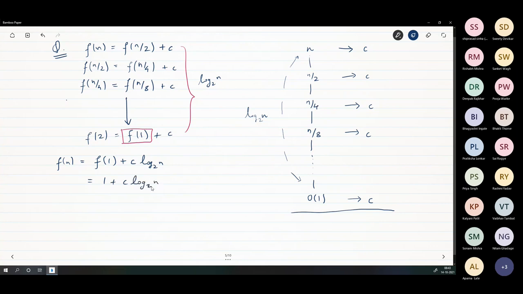And we only want the answer of f in big O or theta terms. So this is big O log n because this c is a constant. Okay, so it's clear. First time, perhaps it might not have been clear right away. So I hope now it's clear to everybody.